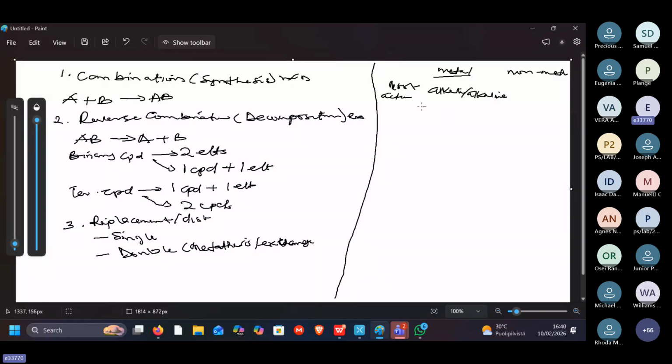Okay, that's group 1. Then group 2, we can also see aluminium, we can see manganese, we can see zinc, we can see chromium. We can see manganese.